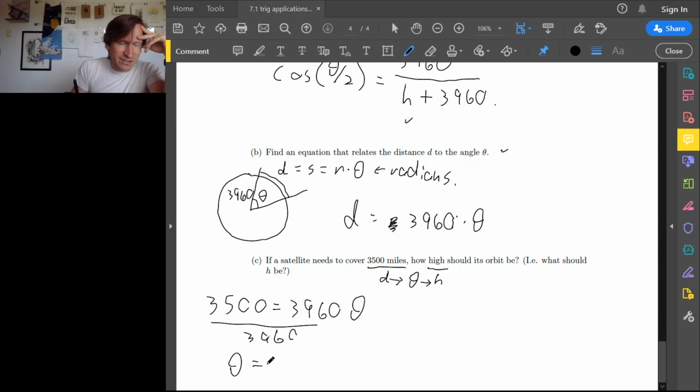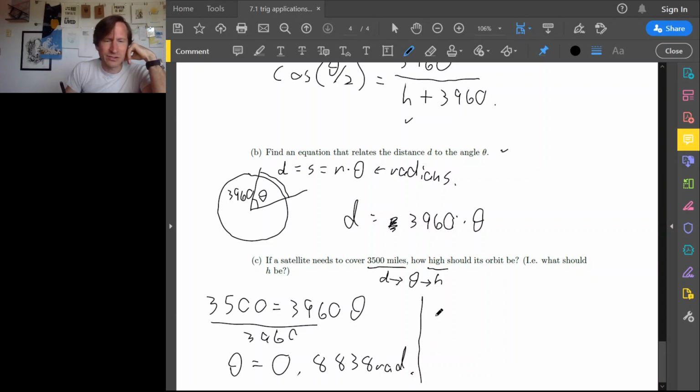But this will be in radians, so let's see. 3,500 divided by 3,960 equals 0.8838 radians. Okay. All right, so now we know theta. Now we need to find h.